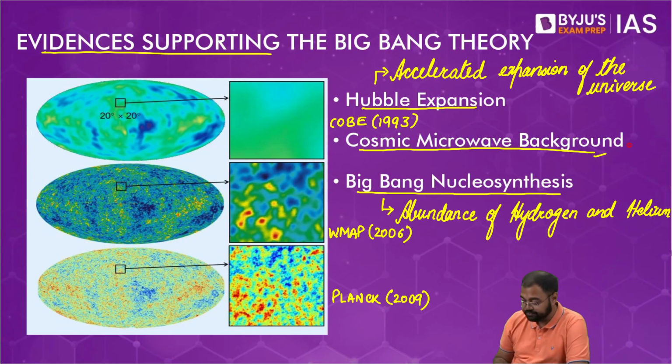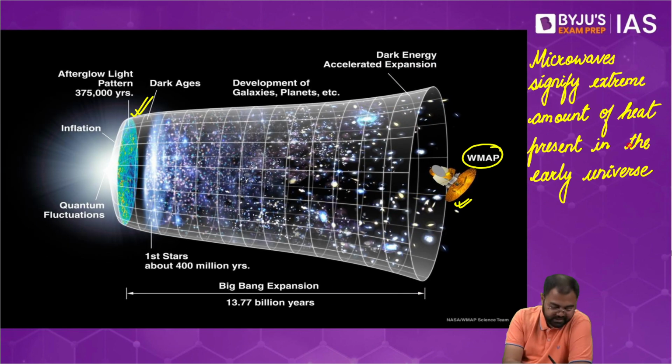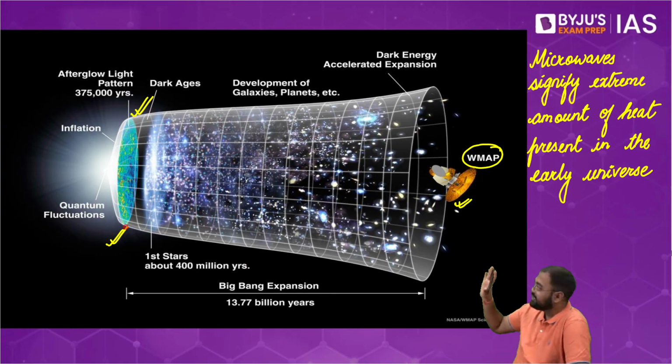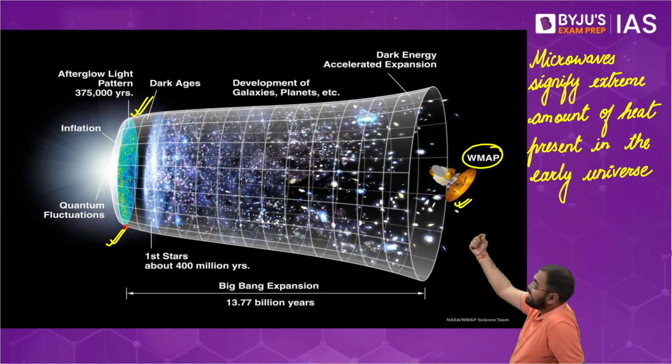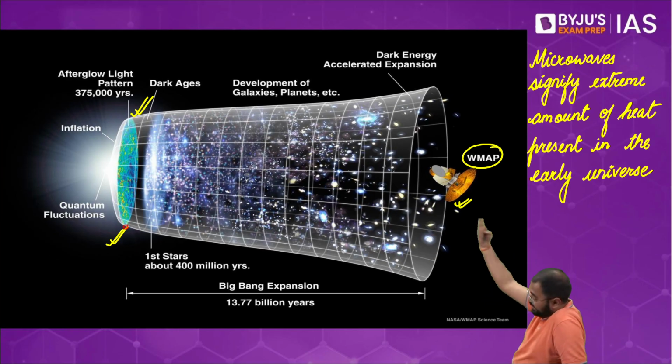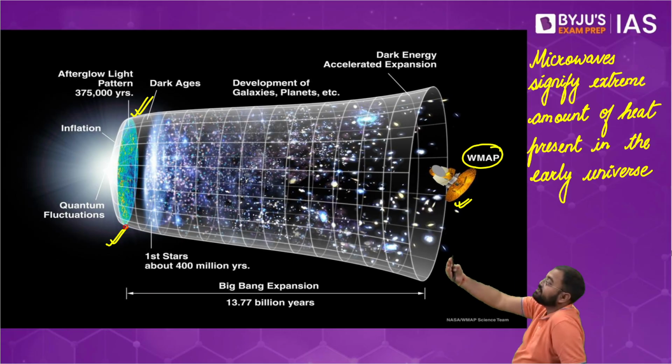All right, so just understand what is cosmic microwave background. A background of microwaves that we see. As you can see, it is what? It is in the background, that I'm seeing it from this side. And when I'm looking at the universe, I see all these celestial bodies. And in the background, right, at the far side, I'm looking at microwaves.